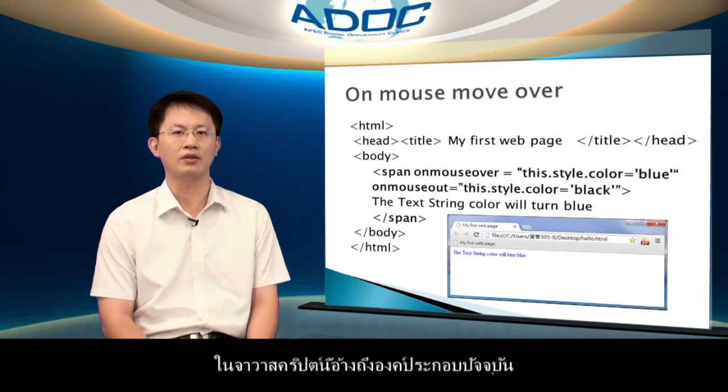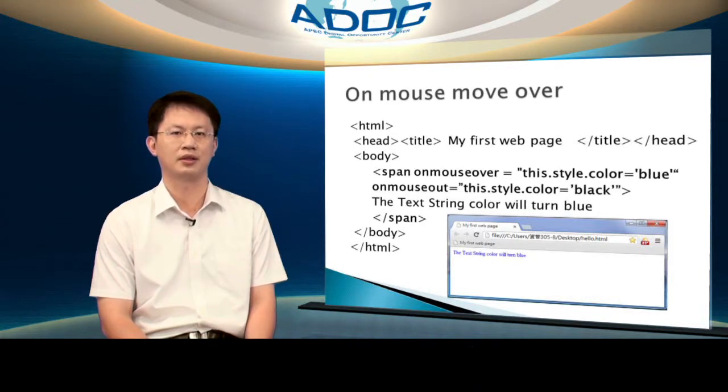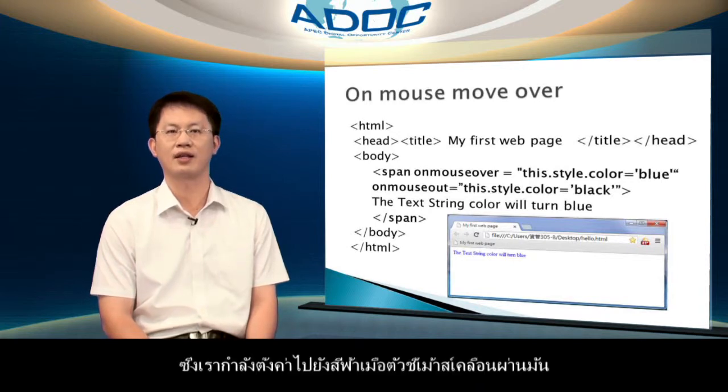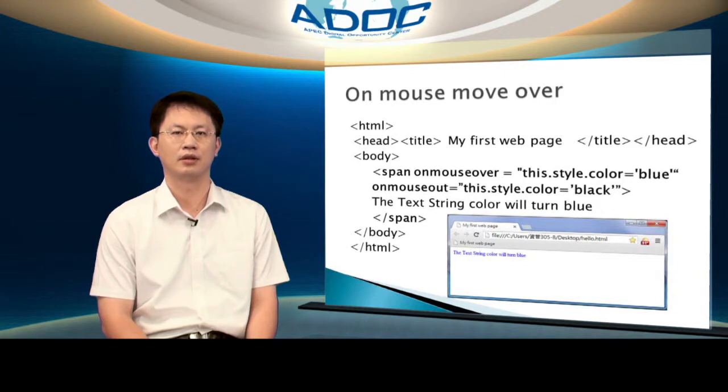In the JavaScript, this refers to the current element, which is the span element. And this.style.color refers to the span element's color style property, which we are setting to blue when the cursor moves over it, and black when the cursor moves away. The result is as shown in the slide.